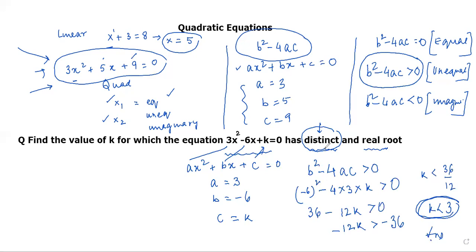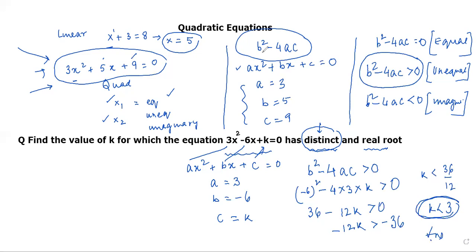I hope you could understand what I tried to explain. Just a repetition, a quadratic equation is the one where the highest power of x is 2. Second most important thing, the quadratic equation will have 2 values. Third most important thing, either they will be equal, or they will be unequal, or they will be imaginary. Now there is a magical expression called b square minus 4ac.